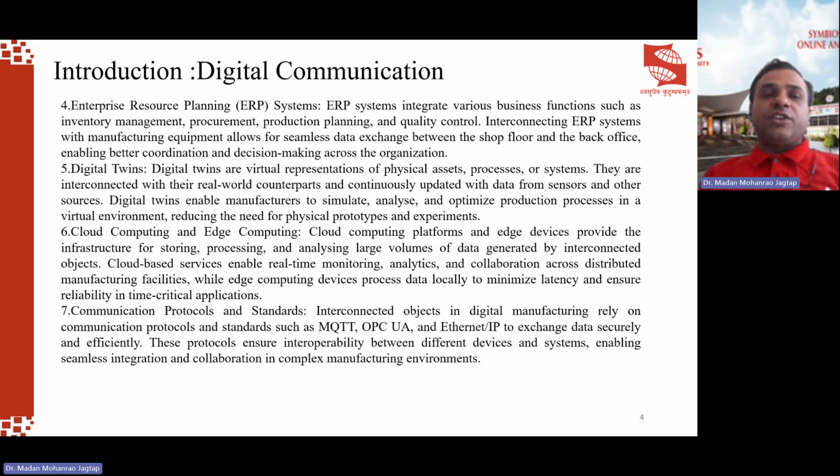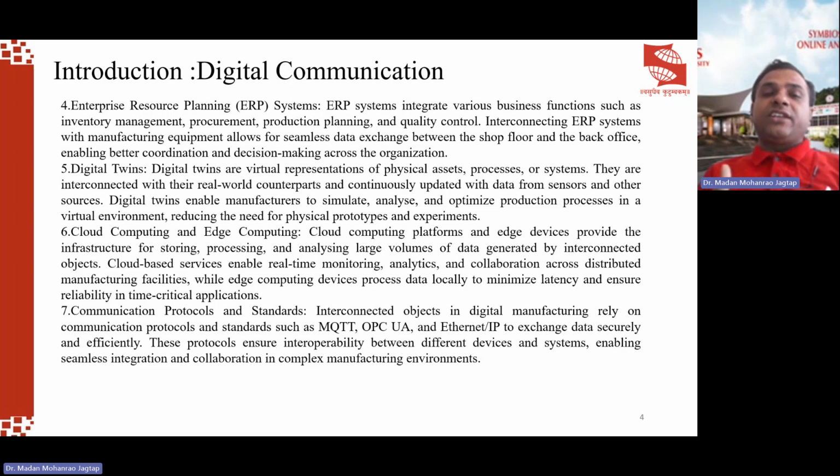In digital communication, digital twins also perform a role. Digital twins are virtual representations of physical assets, processes, or systems. It means we can replicate physical assets, processes, or systems in a computer environment where we can see that physical world inside the computer.